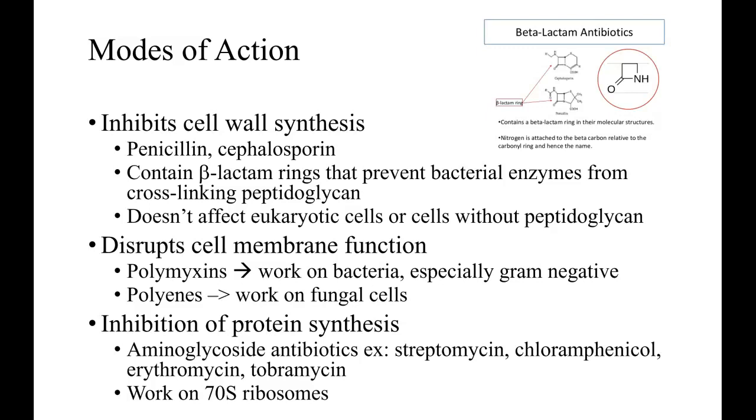Our eukaryotic cells have 80S ribosomes. Their enzymes are also going to be a little different than ours. So these types of drugs are going to target how bacteria make proteins by either affecting the ribosomes or affecting the enzymes that actually help to build those proteins.